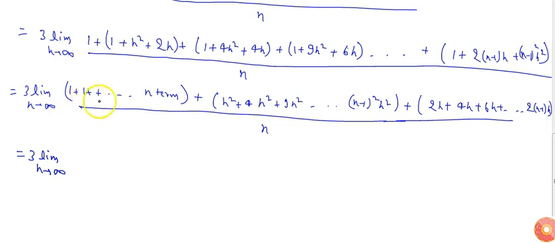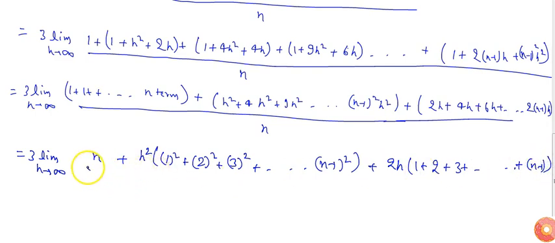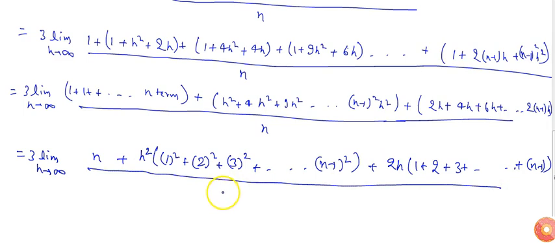It will be 1 plus 1 plus 1 plus n terms, which will become n, plus, if I take h square out from the expression, 1 square plus 2 square plus 3 square up to (n minus 1) square, and if I take 2h common, then it will be 1 plus 2 plus 3 plus up to n minus 1, divided by n.